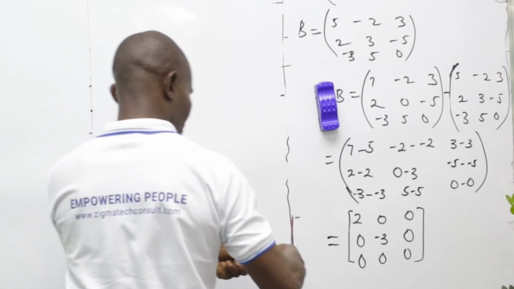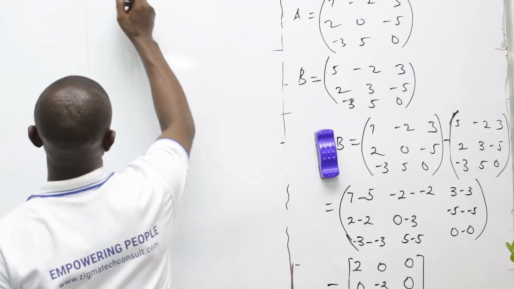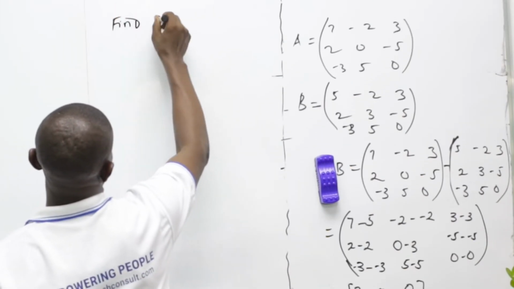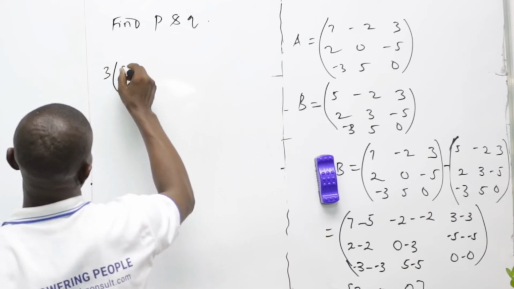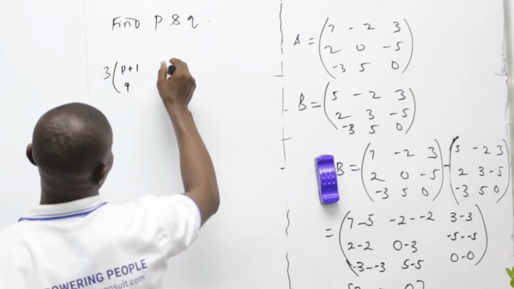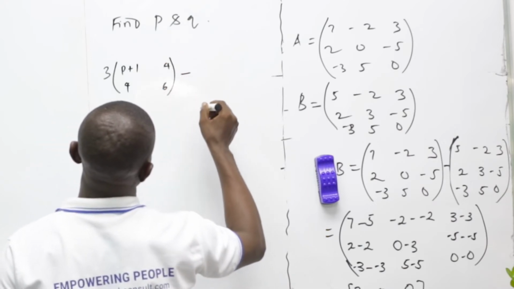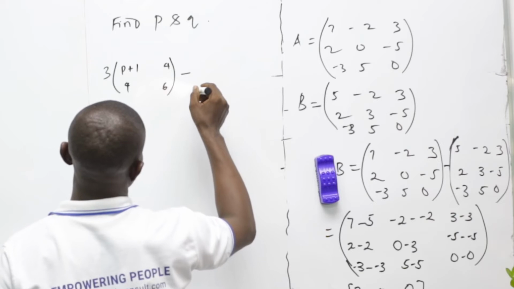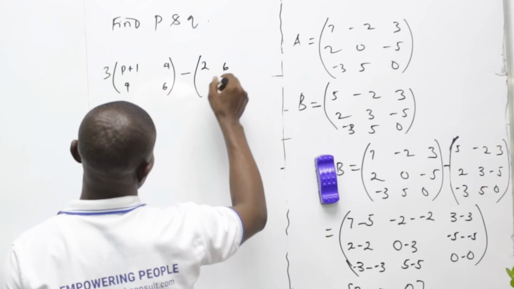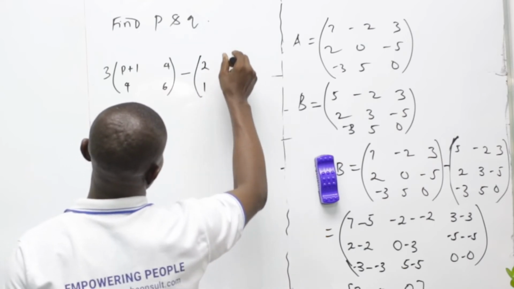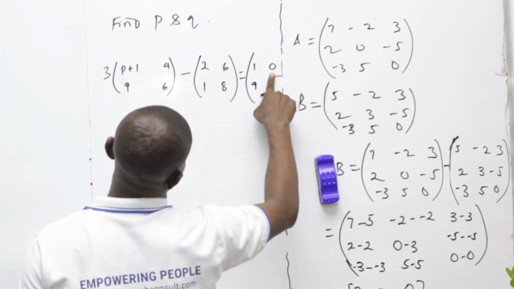Find the values of P and Q. To look for the values of P and Q: if 3 into P plus 1, 4, 4, 6, then minus bracket 2, 6, 1, 8 equals 1, 0, 4, and Q.